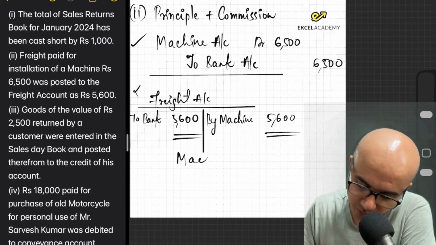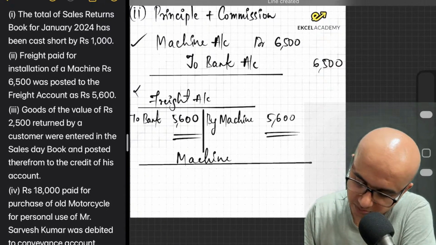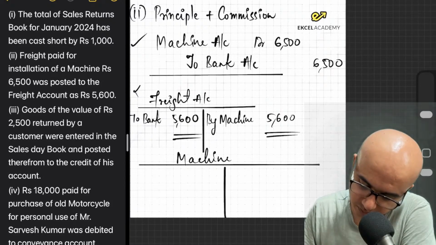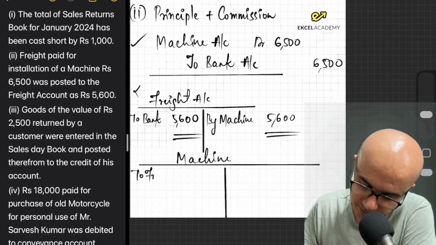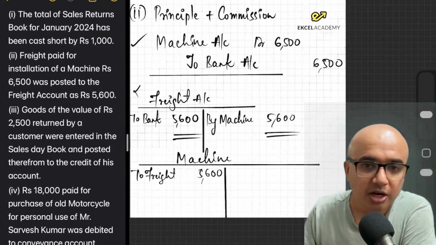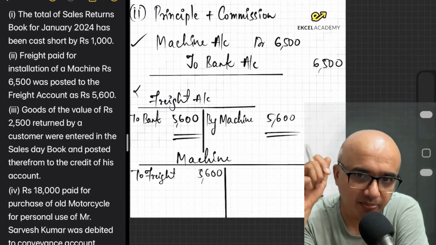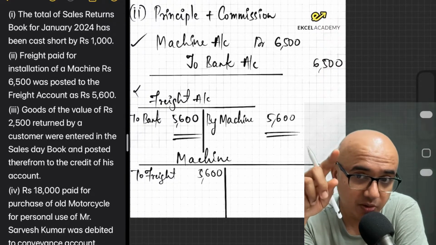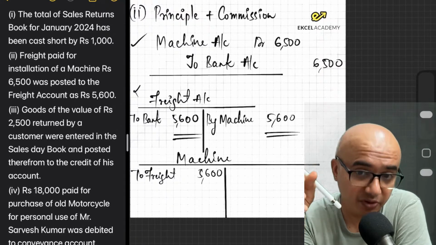And now when we come to machine account, here there is some complication still. So we'll say to freight 5,600. To that extent, it has been rectified, but the actual debit to the machine account should have been 6,500.